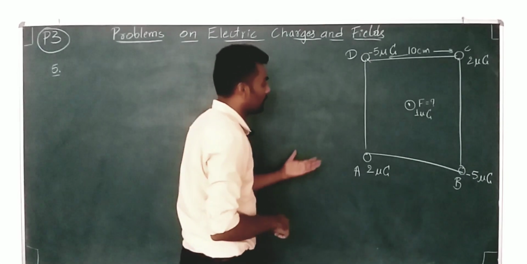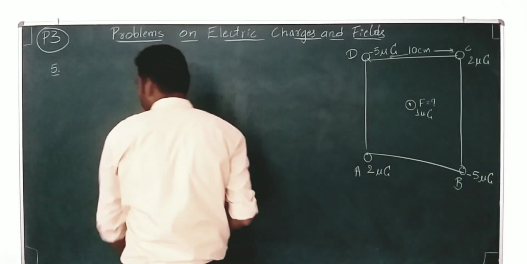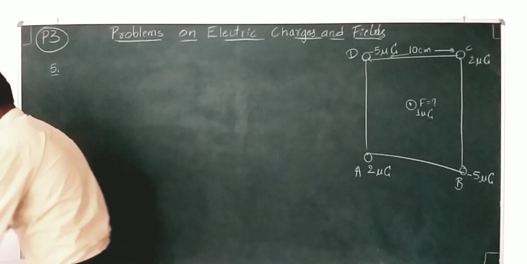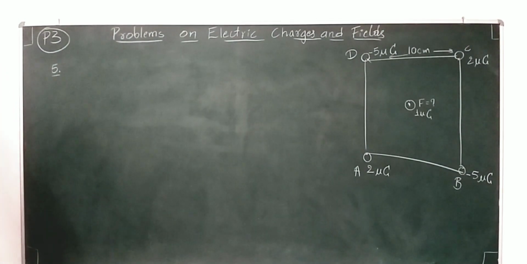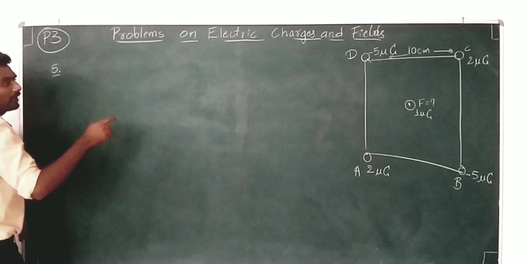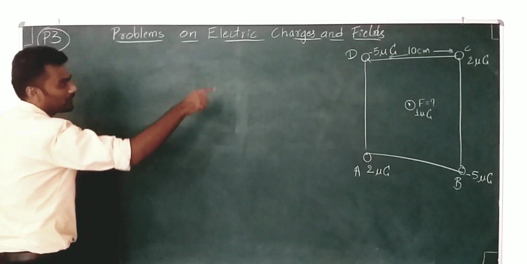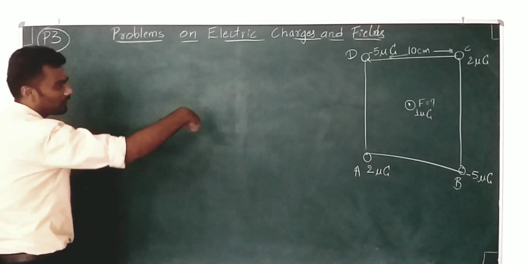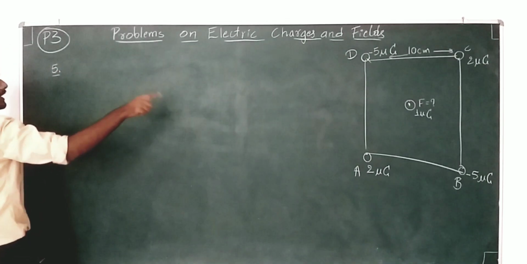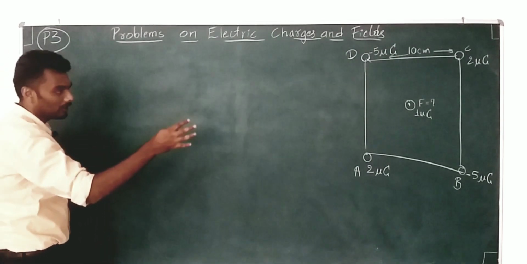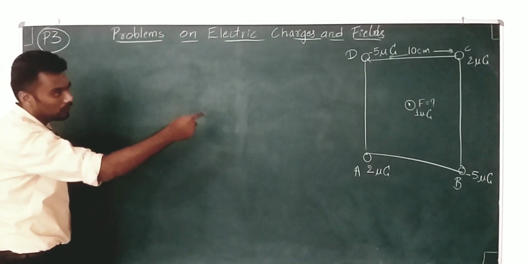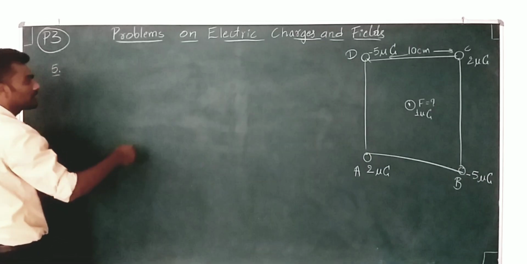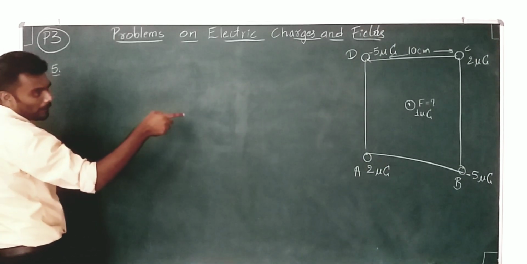Before actually going into the problem, let me write all the given data. We have totally 5 charges, and we need to find the total force on the charge kept at the center of this square. That charge will experience 4 forces from all the 4 charges surrounding it.